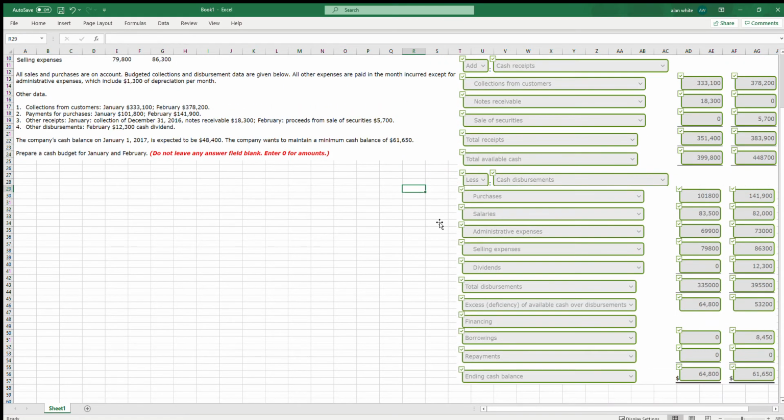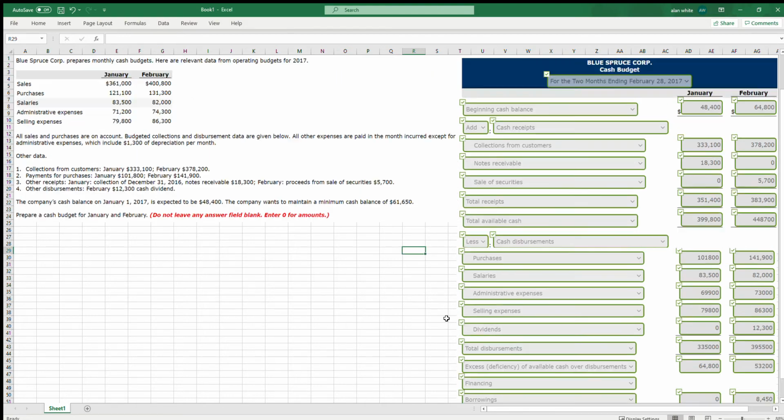This is going to be the ways in which our corporation is dispersing or losing money, I guess you could say, during the month. And then our third section is financing. This is going to be a little bit more involved, but that's going to be borrowing or repaying other banks or businesses.